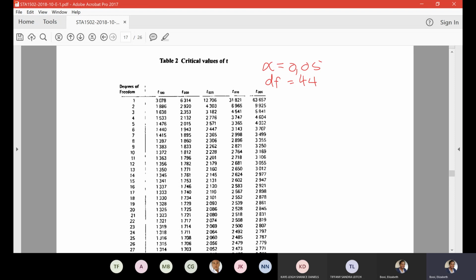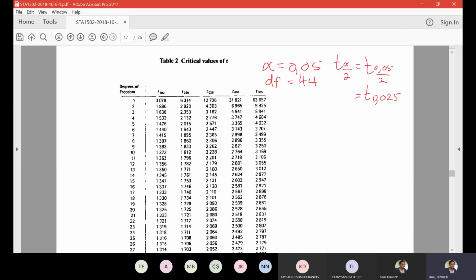But now, when we look for alpha in this instance, because it's a two-tailed test, remember, if it's a two-tailed test, we're going to have to divide our alpha value. So we're going to say T alpha divided by 2. So therefore, it means we're going to say 0.05 divided by 2, which gives us our T of 0.025.